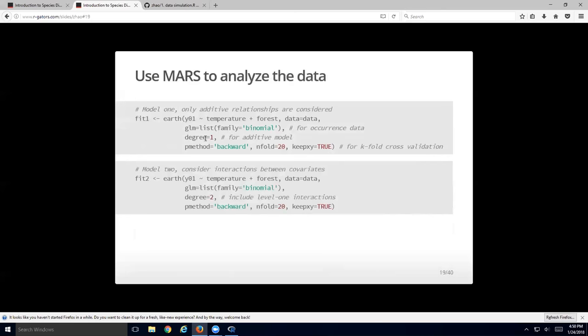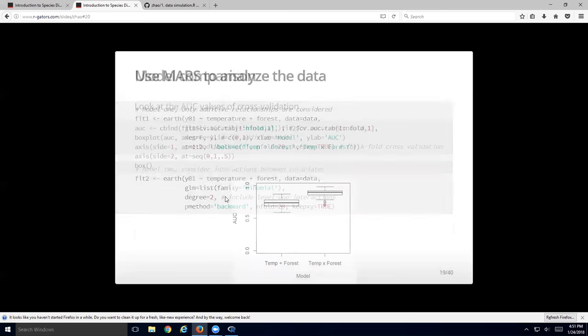And degree equals 1 means that I only consider additive relationships, but the model will figure out some nonlinear pattern for me. I also do a 20-fold cross-validation here. For the second one, the only thing I change is to let degree equal 2, which means I will consider level 1 interactions. And here I only need to consider level 1 interaction because I only have 2 covariates.